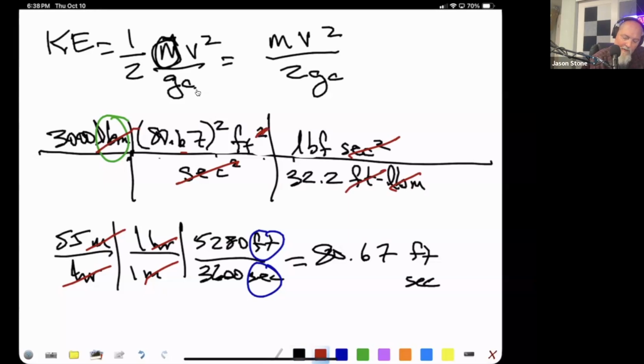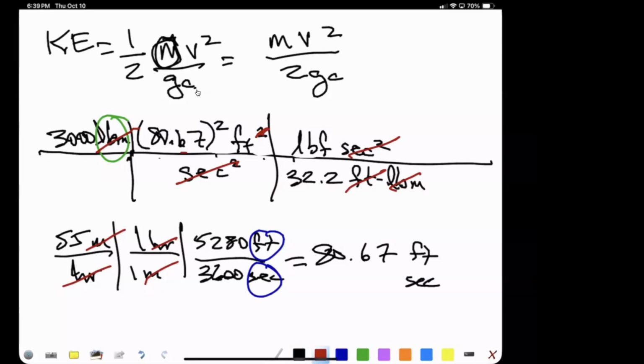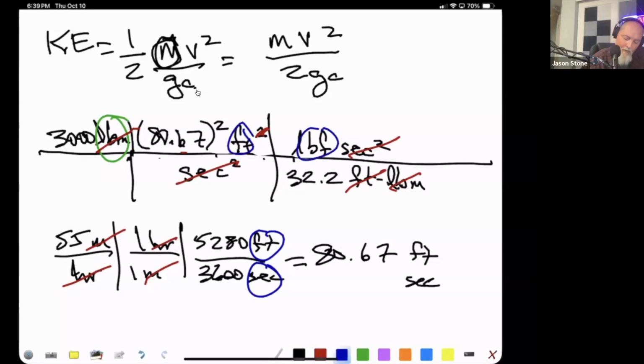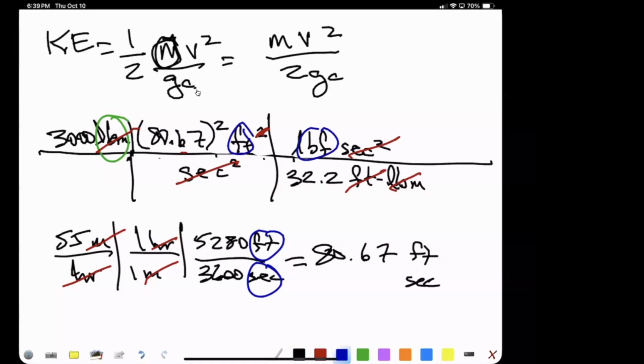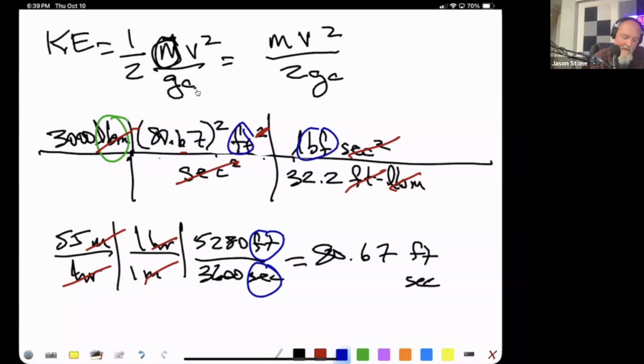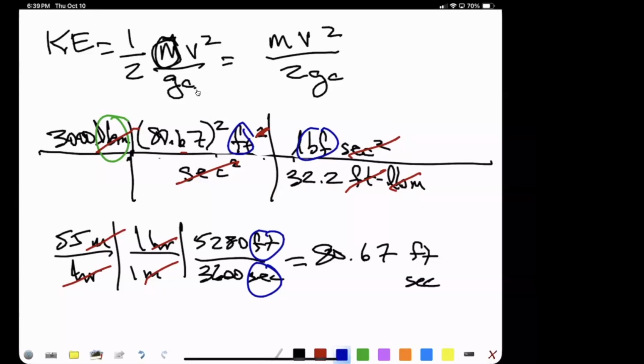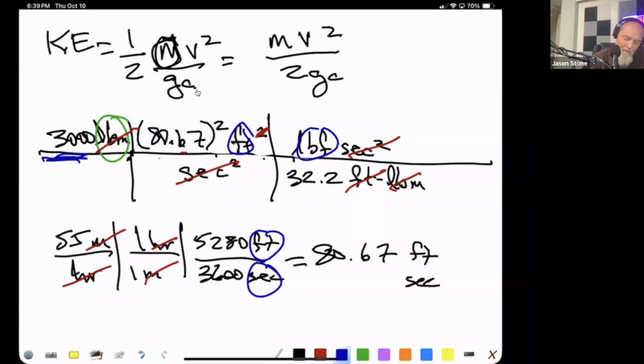So I'm going to get rid of that square up there, because we still have one of the feet left, right? So I've got foot pounds force, which is what we want, because that's kinetic energy, potential energy, foot pounds force. So my answer is 3,000 times 80.67 squared divided by 32.2.